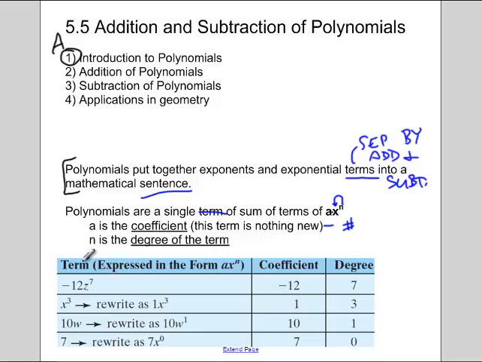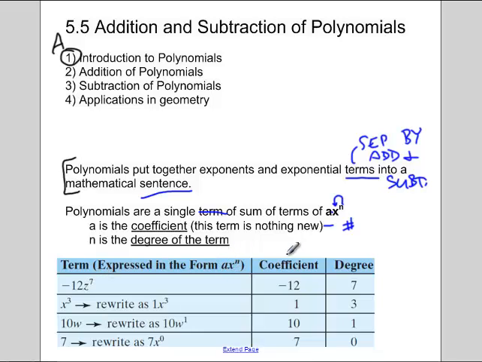Here's our term, negative 12 z to the 7th power. Again, these are expressed in the form of a times x to the nth power. A is our coefficient, x is the variable used in the polynomial, and n is the power, or the degree of that term.